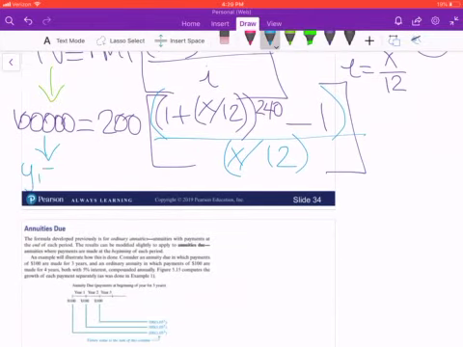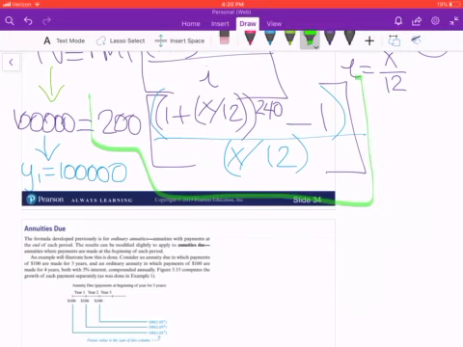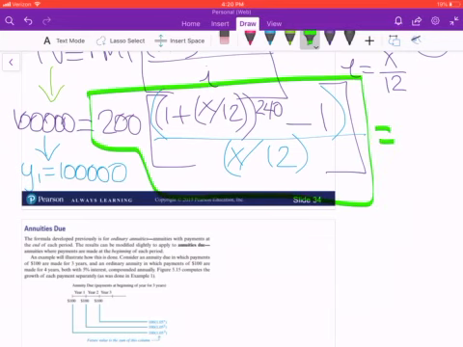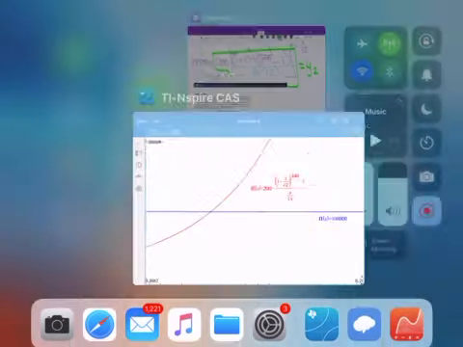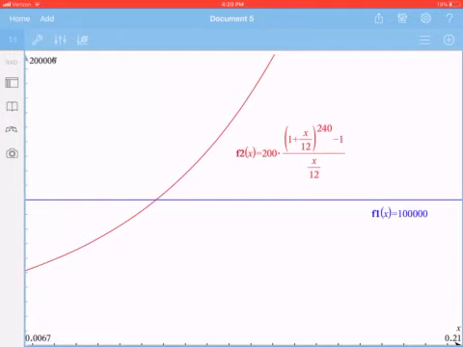Y sub 1 will be 100,000. And then this whole thing will be our other function, Y sub 2. So I have both of them graphed already. And this is not the 84, it's the TI Nspire. So we have the first one, the horizontal line, 100,000.